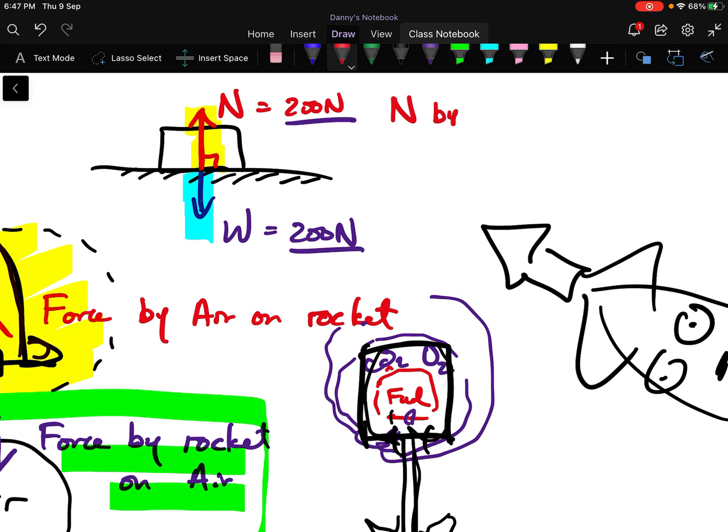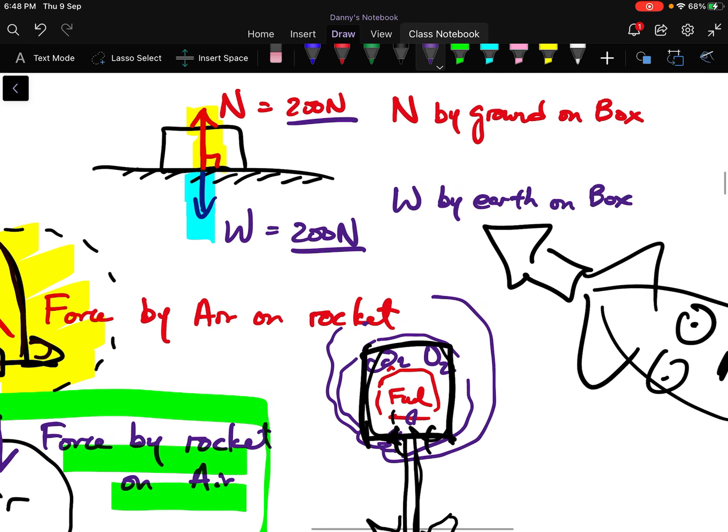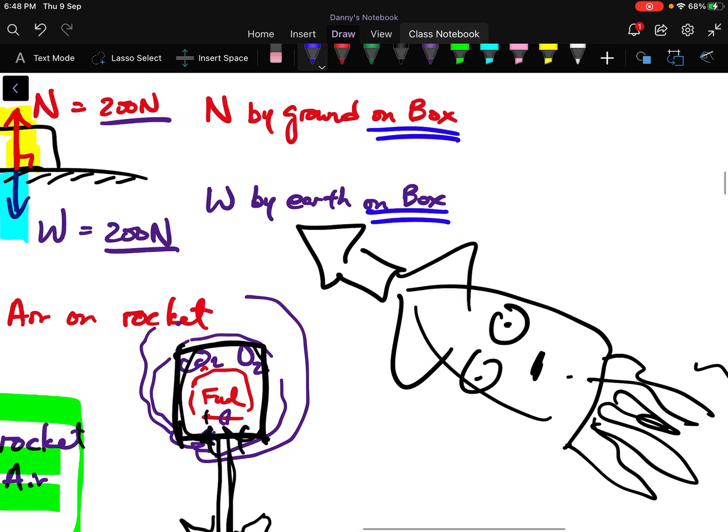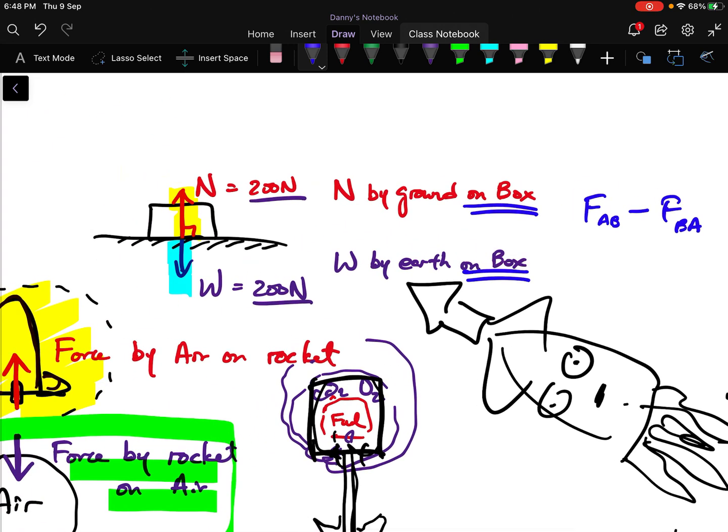Normal contact force is by the ground on the box. The weight is by Earth on the box. Can you see? Both of these are acting on the same object. There is no FAB, FBA over here. So they cannot be an action reaction pair.